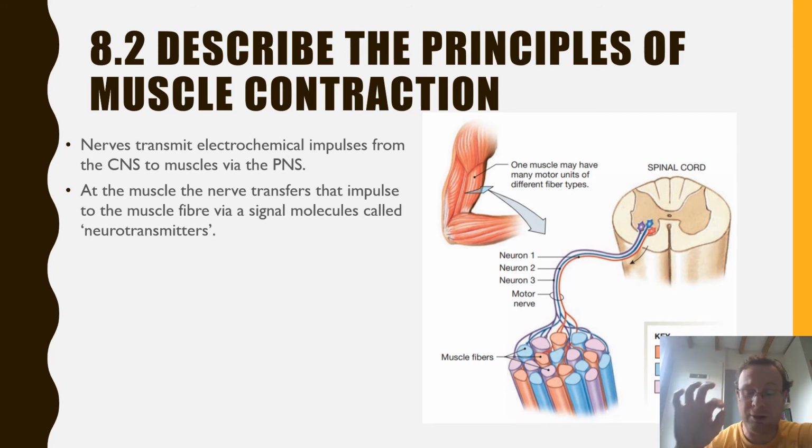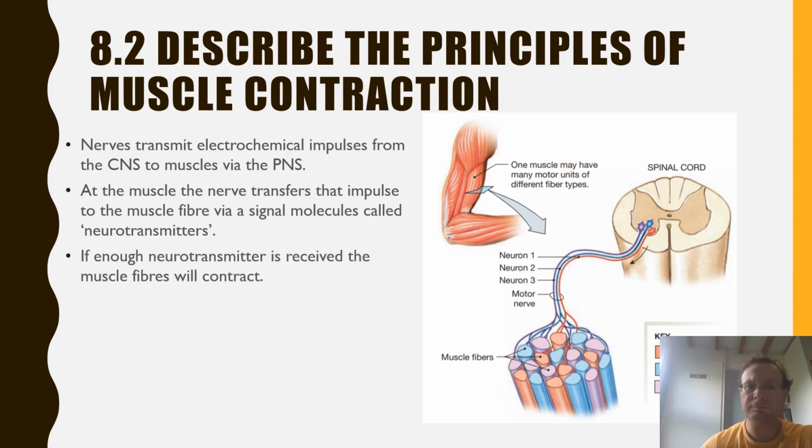At those muscle fibers, that nerve releases chemical messengers into those muscle fibers. The chemical messenger, that signal molecule, is called a neurotransmitter. So that's kind of saying from the nerve, I'm transmitting that signal into that muscle fiber, saying you need to contract. If that muscle fiber receives enough of that neurotransmitter, that muscle fiber is then going to contract.